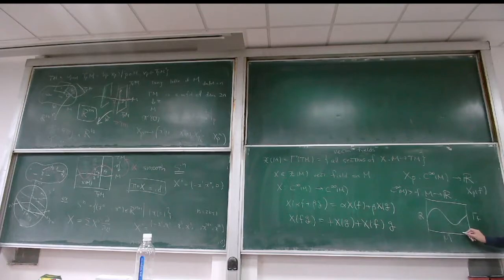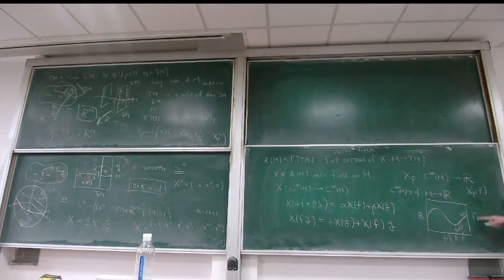Given the point P, you associate to this point X_p of f, and you smoothly move P. And here you have the point X_q of f.